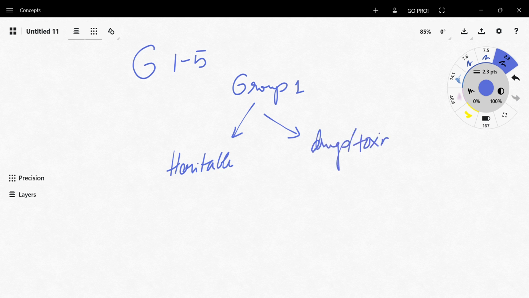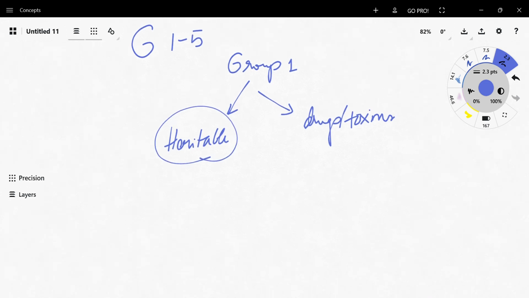Now, heritable pulmonary artery hypertension is when there is a mutation in the BMPR2 gene. BMPR2, when it's properly functioning, usually inhibits vascular smooth muscle proliferation.